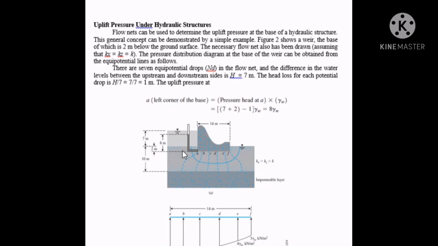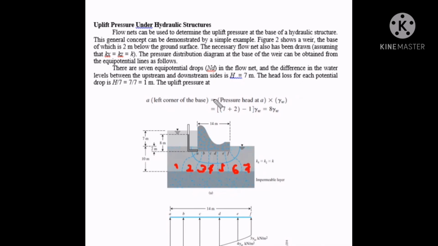The pressure distribution diagram at the base of the weir can be obtained from the equipotential lines as follows. If we look at the figure, there are 7 equipotential drops. So let's count the spaces. This is 1, 2, 3, 4, 5, 6, and 7.